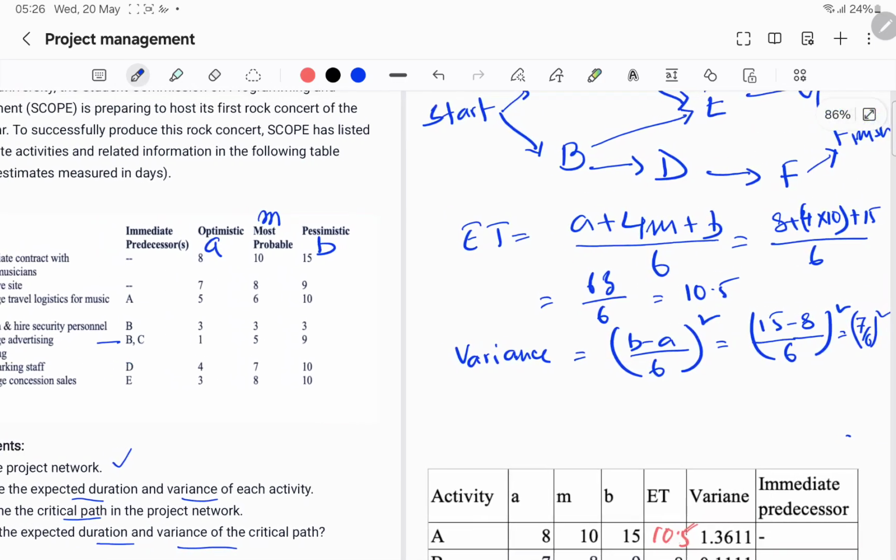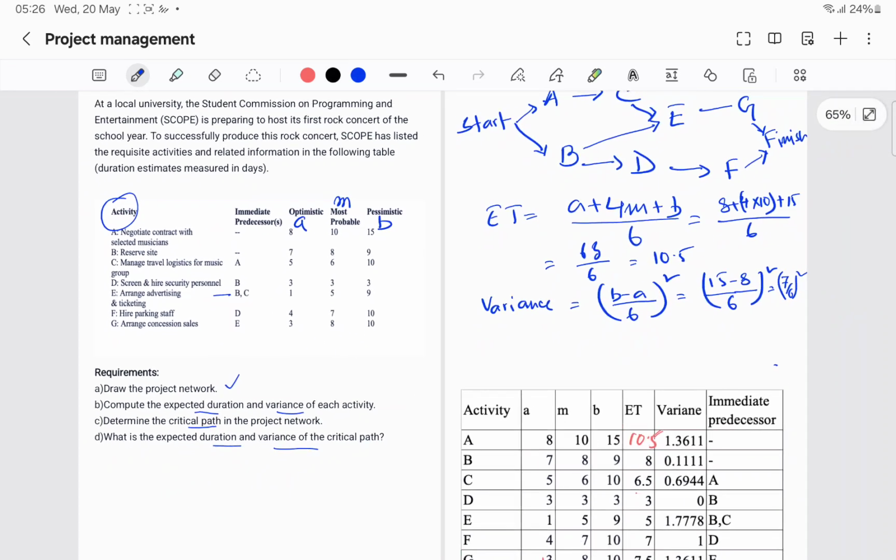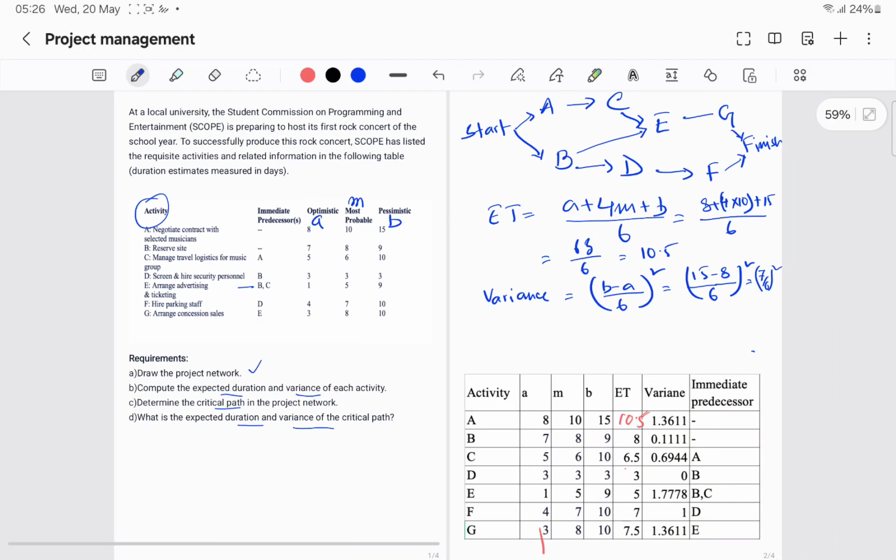If you calculate, it will come to something like 1.3611. So this is how we calculate our expected time and variance for each of the activities, and I calculated them here, so I don't have to do it again. So that's it, requirement B is done.